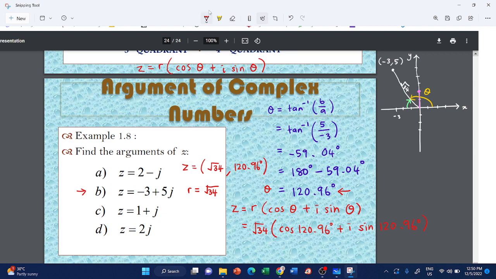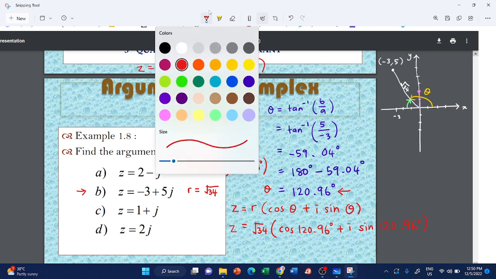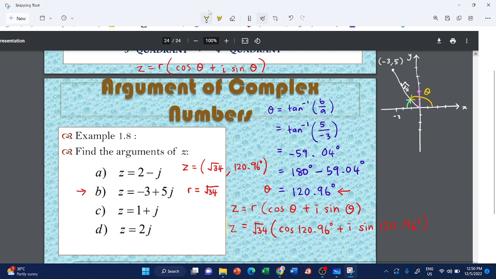So the polar form is here, in the box below. The yellow box is the polar form.